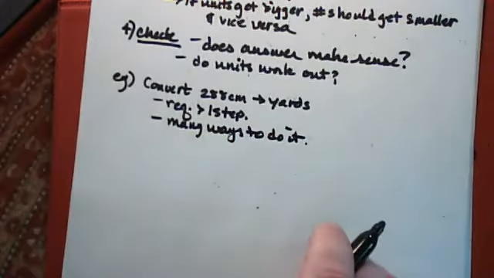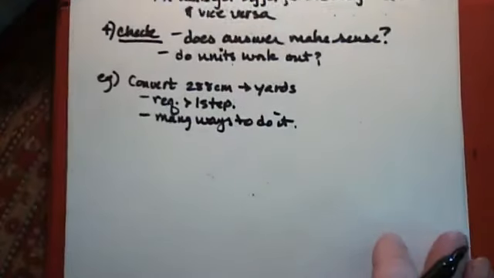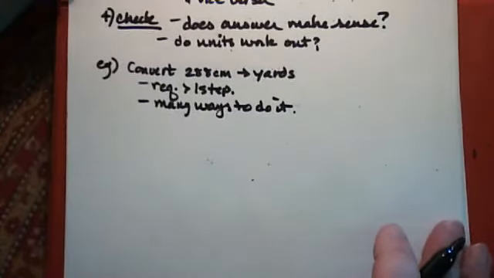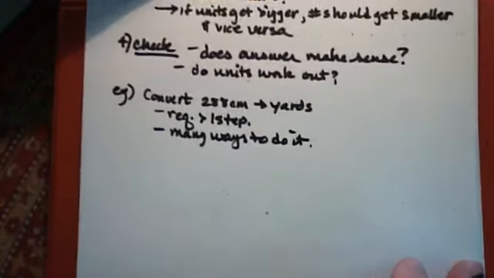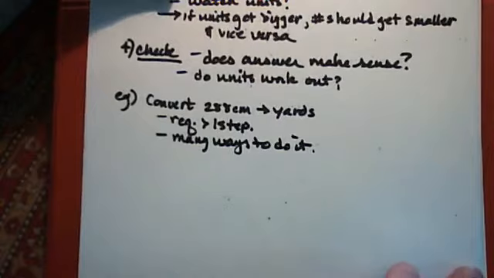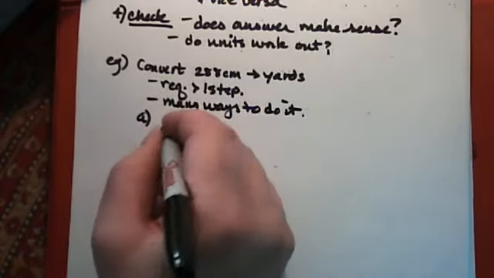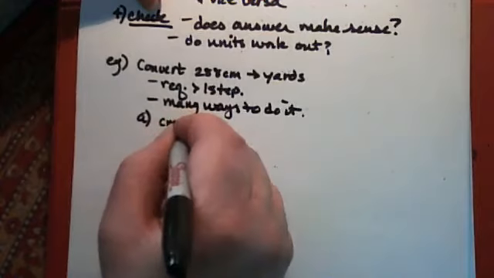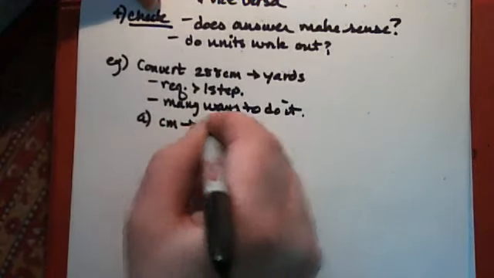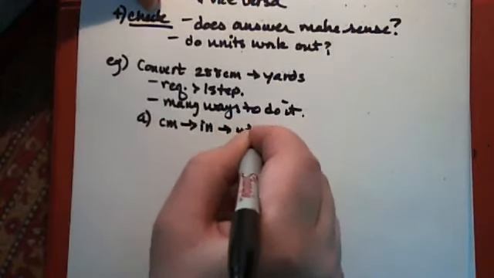And like I said, for most unit conversions, there are any number of different ways that you can do them, practically an infinite number of ways. Okay, so let's see. One route might be to go from centimeters to inches to yards.